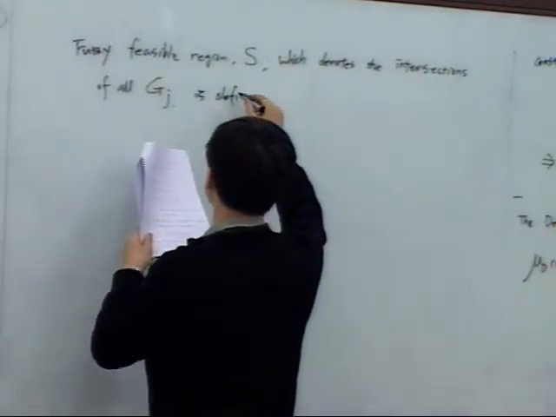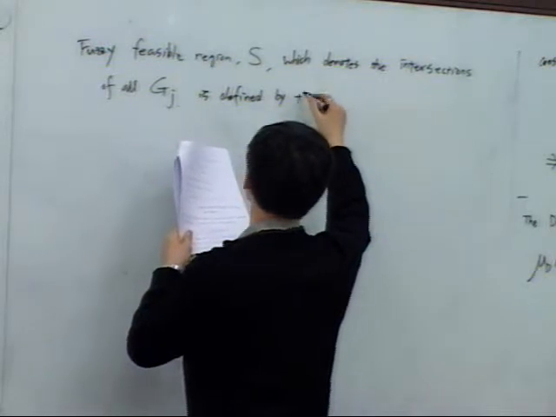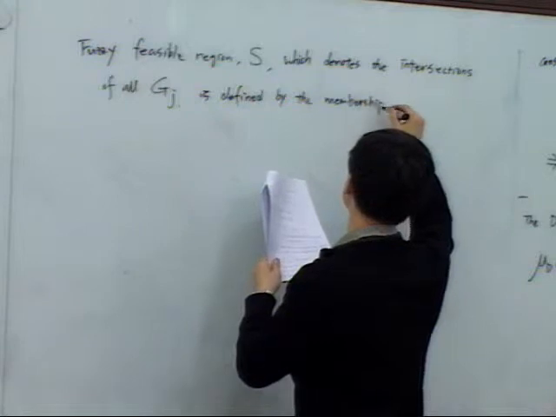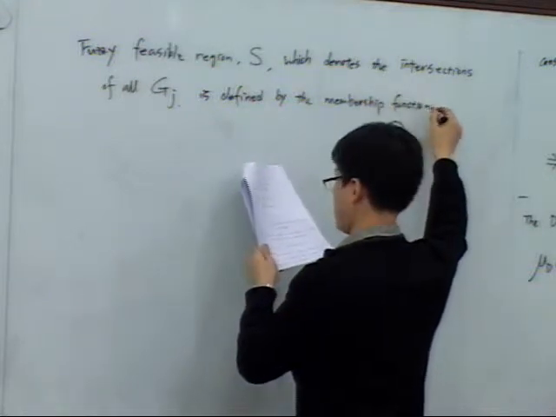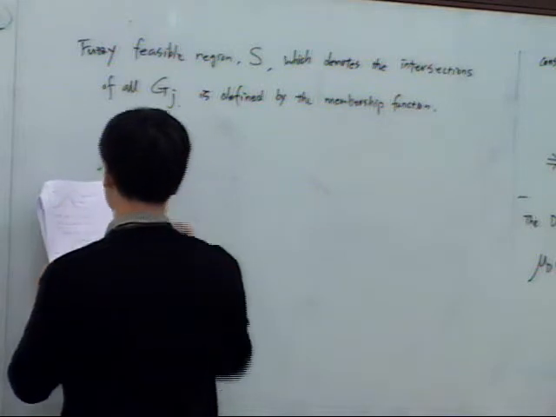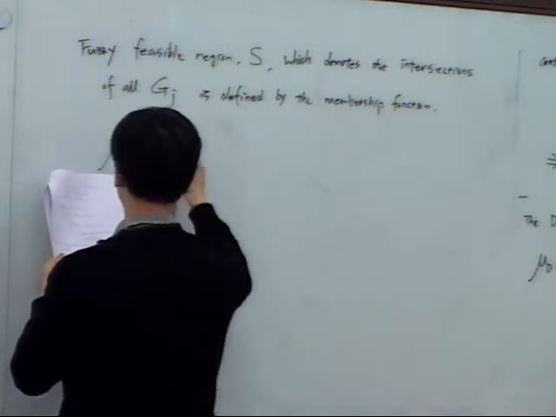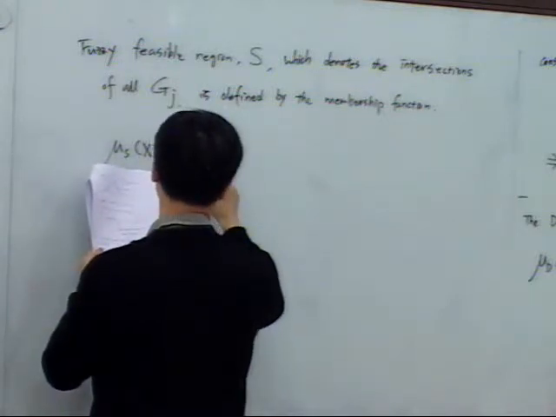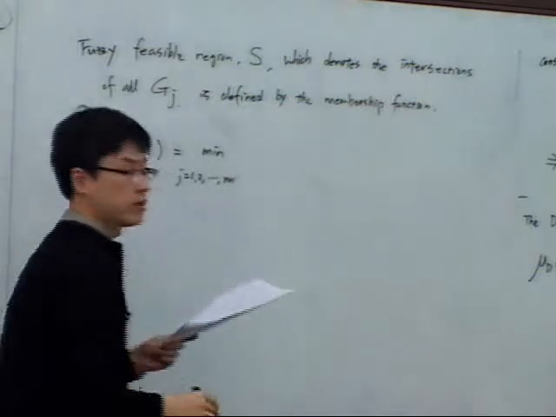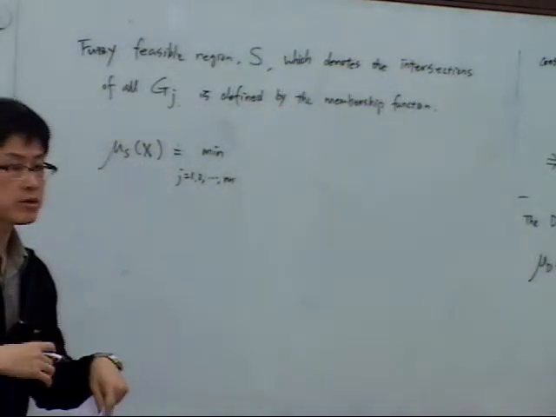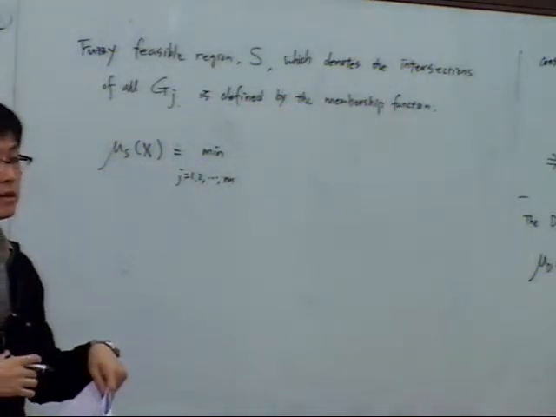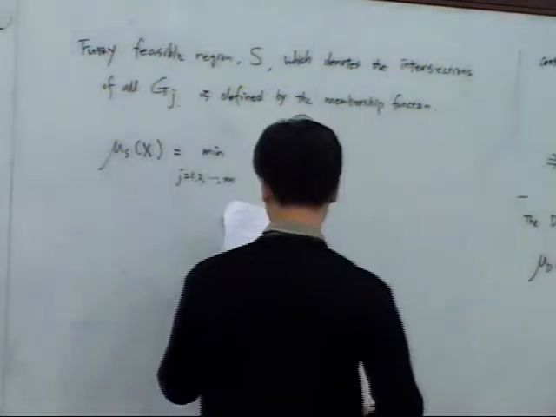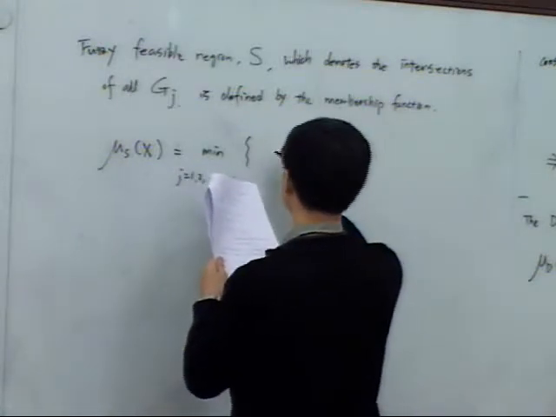It is defined by the membership function mu sub S, the feasible region, which is nothing more than this intersection of the fuzzy sets, defined as the minimum value of this fuzzy membership function out of everything.